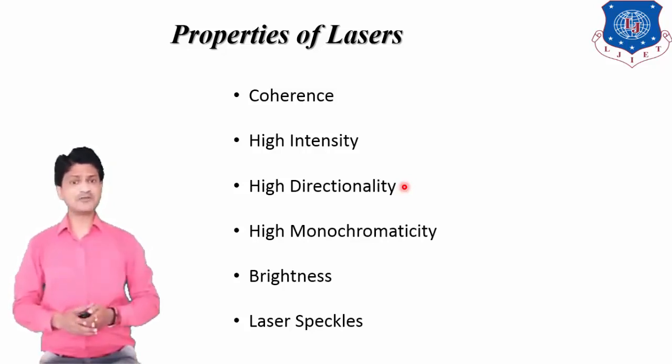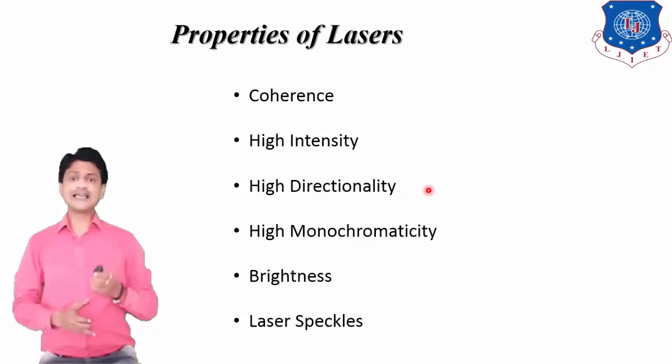So it is an important property of laser. It is highly directional as compared to a normal beam because it can travel a long distance as a parallel beam. Now next is high monochromaticity.